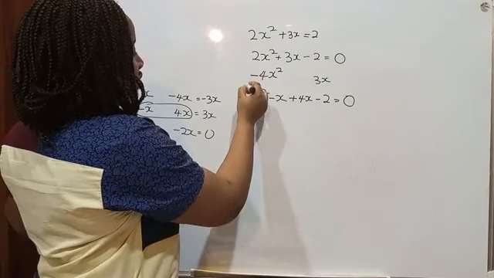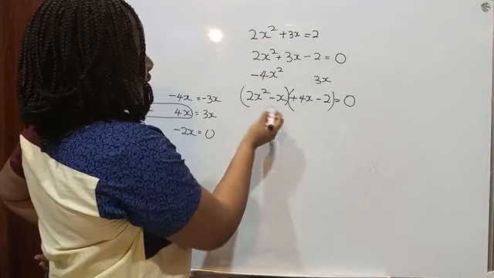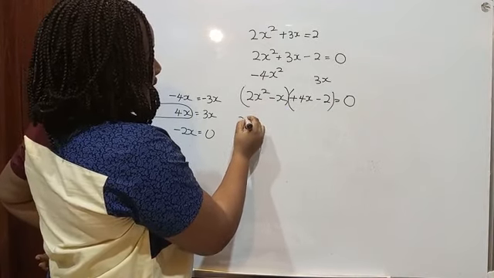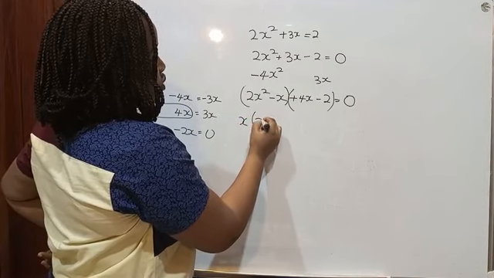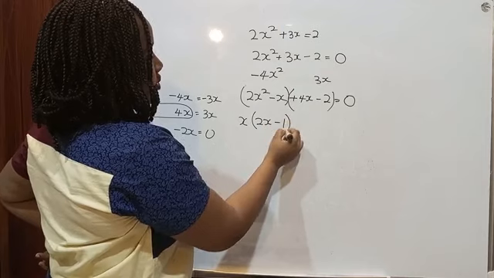Here, 2x squared minus x, what you have in common is x, bracket 2x minus 1.